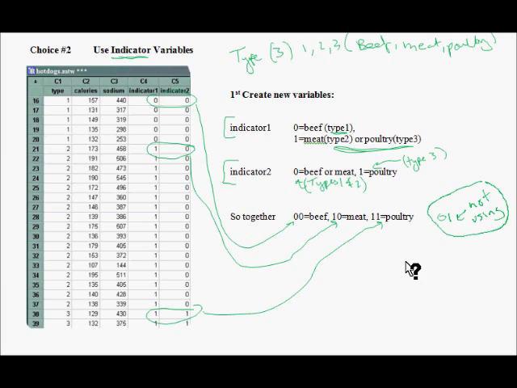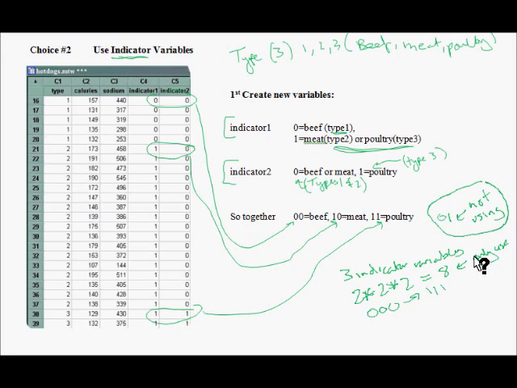So if I had like 5 categories here, I would have to use 3 indicator variables, because with 3 indicator variables, I have 0 or 1 for the first one, 0 or 1 for the next one, 0 or 1 for the next. I have eight different things I could write, right, 0, 0, 0 through 1, 1, 1. There are 8 ways to do it. But actually, you can only use 7.